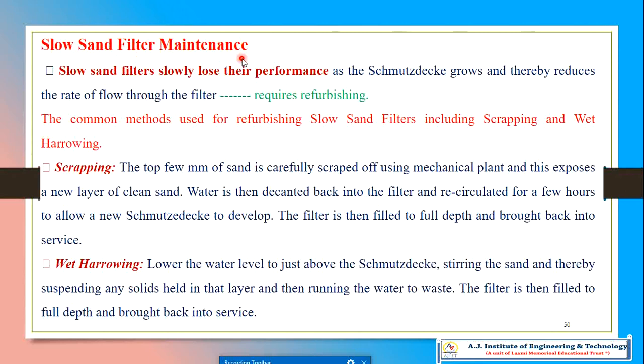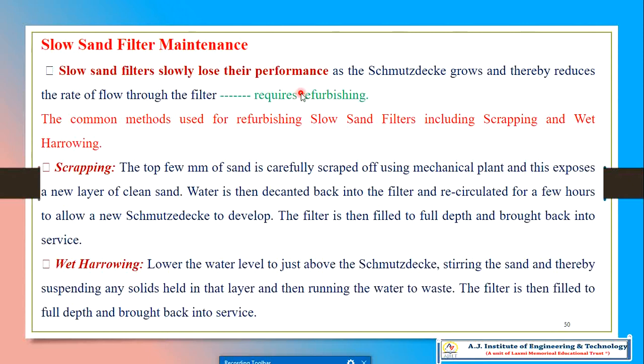Here, slide number 50, slow sand filter maintenance. How and why we have to maintain, and what is the critical theory behind the maintenance. Just see here, slow sand filters slowly lose their performance. Why?